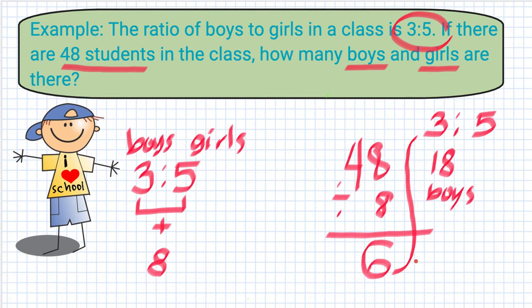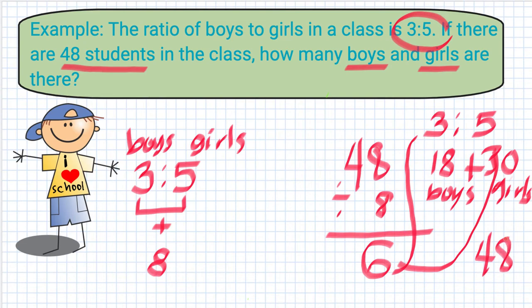We have 6 times 5, which is 30, so there are 30 girls. Therefore, in the class, there are 18 boys and 30 girls. If you add them, 18 plus 30, there are 48 students.